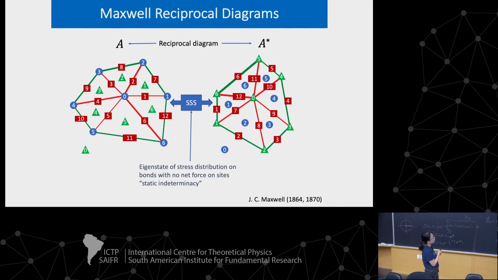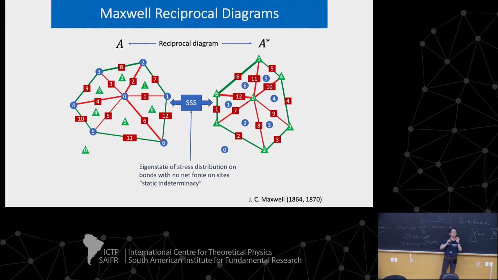I use red and green to denote compression and stretching, so the total force on every site is 0. For example, this site 1 has stretching on 7 and 12, and then pushing from 1. They add up to 0. You have 3 vectors that add up to 0. Then you take those 3 vectors and make a triangle, which is this one here. They are guaranteed to close because the total force is 0.